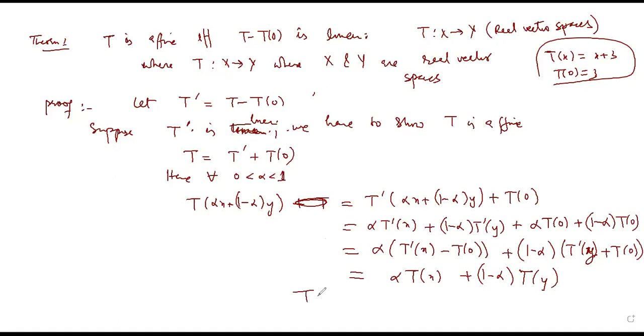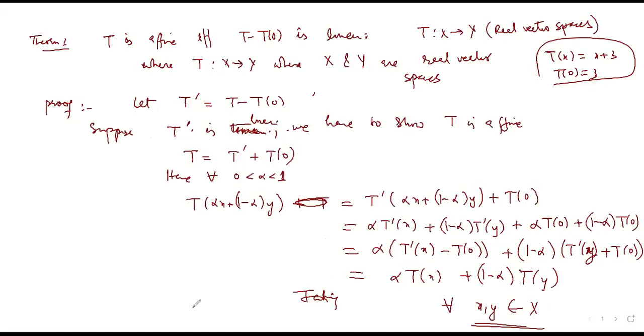Now taking y equal to 0, because for all x, y belonging to X, ठीक है? Okay. Now taking y equal to 0, तो अगर मैं y को 0 क्योंकि सभी x y के लिए है, चलो दूसरे पेज में लिखता हूँ मैं. So taking y equal to 0, I should get T of alpha x is equal to alpha times T x for all 0 less than alpha less than 1.